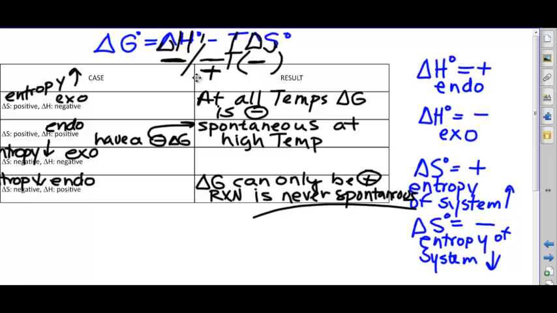Well, at low temperatures, delta H will be bigger, and the driving force for delta G. It'll have the most say in what the sign of delta G is. So this will be a bigger negative number than this is a smaller positive number at low temperatures. So at low temperatures, delta H is the driving force, and delta G will be negative and spontaneous in this situation.